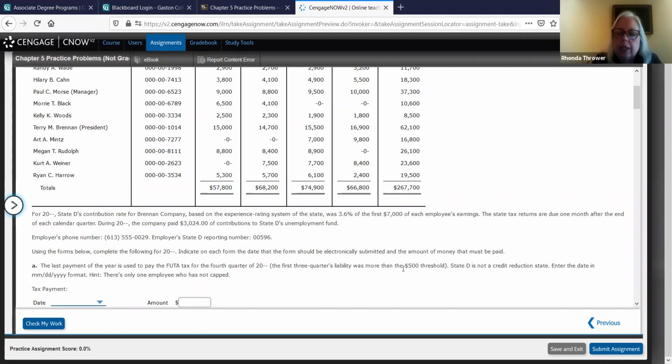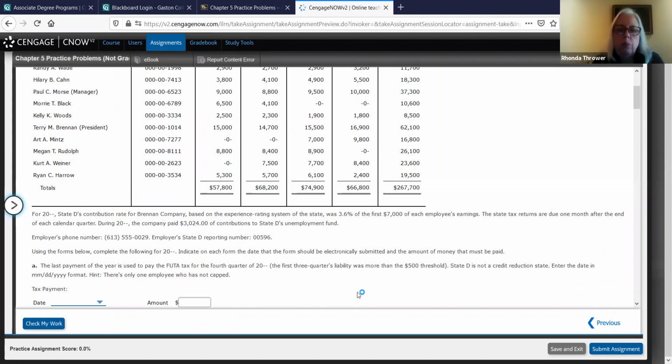Once the quarter has accumulated at least $500, then you have to pay federal unemployment taxes. They want you to know that State D is not a credit reduction state. And they want you to enter the month, the date, the year format.